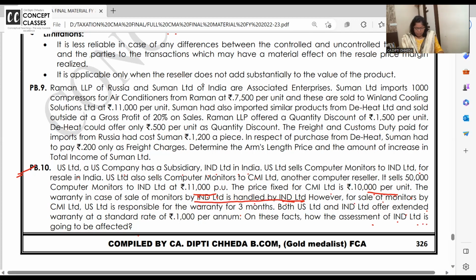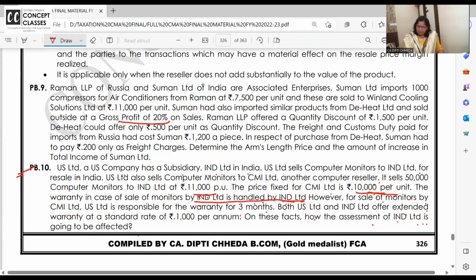However, for sale of monitors by CIM Limited, US is responsible. So in this 10,000 price, US has added warranty also. Ours does not have warranty. So while comparing our price with the arm's length price of others, this is actually the CUP method. There is no RSP here, where you go into reverse profit. That was problem 9 that we did yesterday. And they have included warranty for CIM for 3 months.